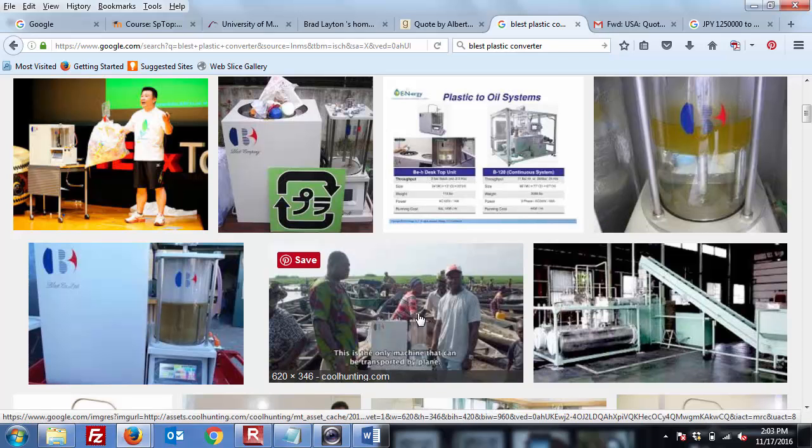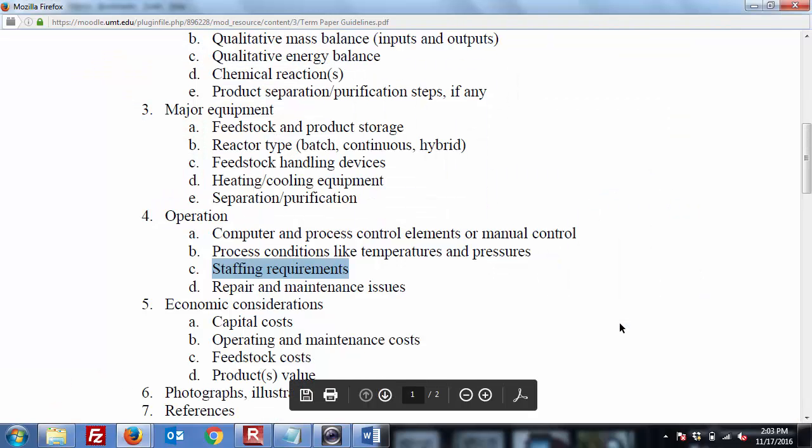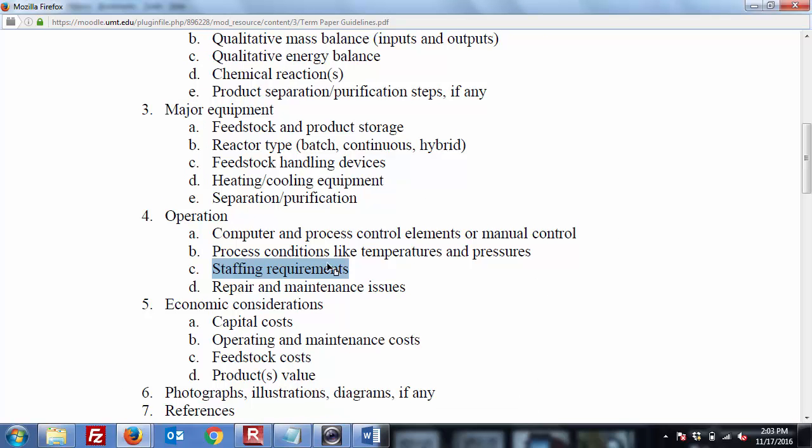You can see there's some guys doing this in Africa, and here's a much larger system. What I'm not sure on in relation to our energy conversions is what are the staffing requirements for this thing? It'd be nice to know, does someone have to run some valves, run the conveyor belt, can it run itself? Repair and maintenance.